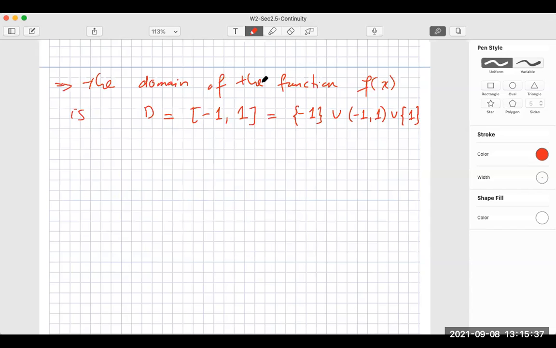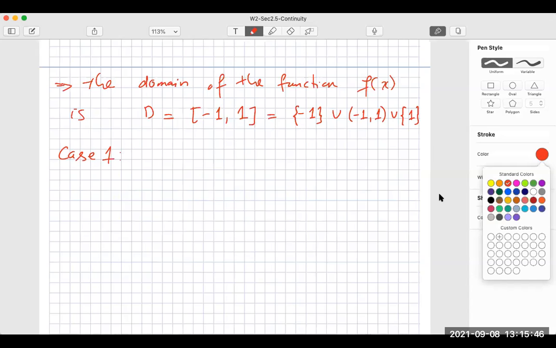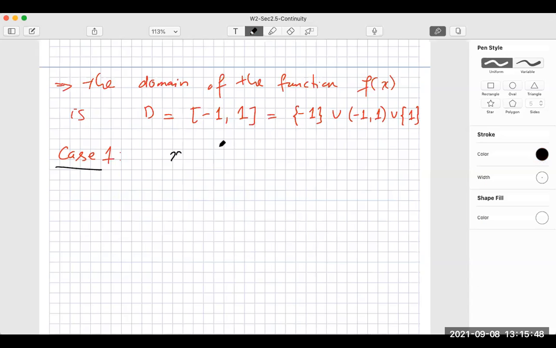Just notation, I break it into different things. This is an open interval. So we do a case study, case 1. When x belongs to the interval from -1 to 1. Okay?